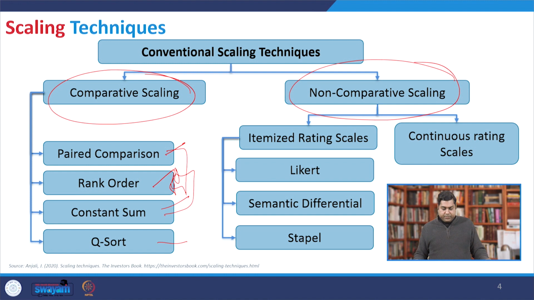Coming to non-comparative scaling, in this case again we can have the itemized rating scale where we can denote each item and its value, and then it can be the continuous rating where the total scale is available and you can assign the value. So Likert scale is one of them. I also mentioned Likert scale earlier in my presentation; last lecture we discussed it. Again we can measure some statement in terms of agreement or disagreement.